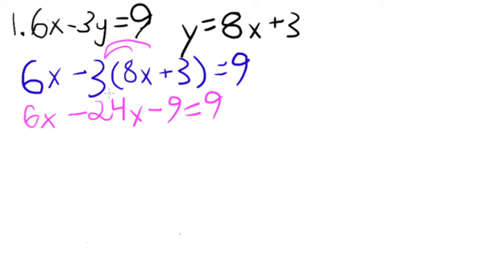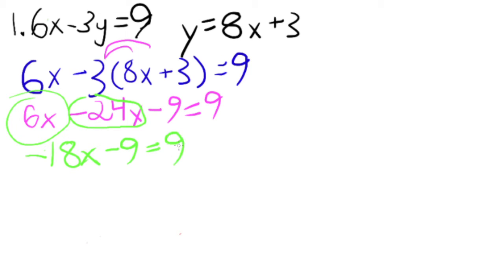So yeah, now we're going to combine the like terms of the two numbers with variables because they are on the same side, they both have the x, we're able to combine them. And that will give us negative 18x minus 9 equals 9. Now what we're going to do, we want to get the 9 off of this side and onto this side.